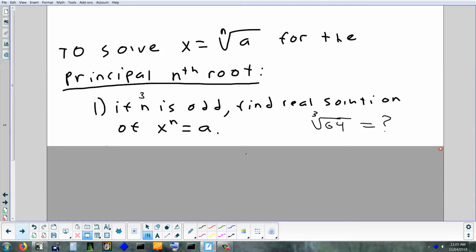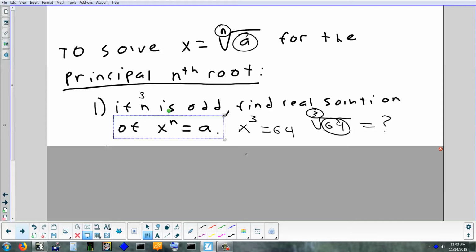So I would say, all right, if you can figure out how to rewrite what I just wrote in this equation, we can think through it. So n is 3. A is 64. Watch what happens if you plug those two numbers into this equation. X we don't know. N is 3, and A is 64. If someone didn't understand a cube root, I would say, think of it this way.